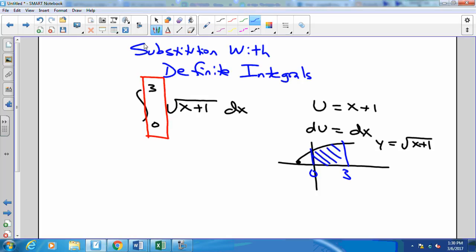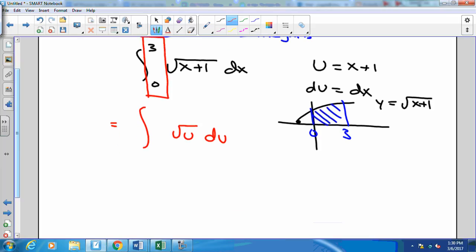When I pull off the substitution u equals x plus 1 and du is equal to dx, I'm going to end up with a new region that actually looks just like the old region, except that it has been shifted to the right by 1 meter.